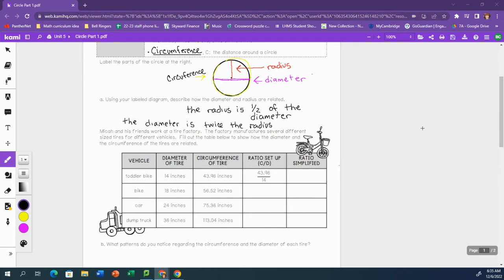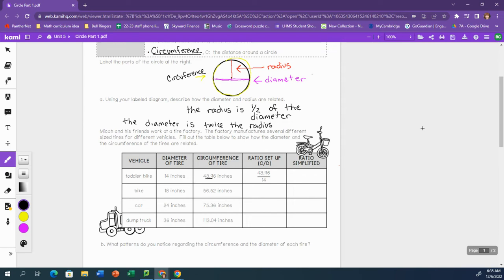The diameter is right here, the circumference is right here. So the ratio setup would be the circumference divided by the diameter, and that's going to equal the ratio.